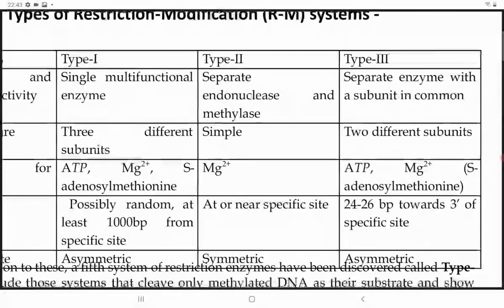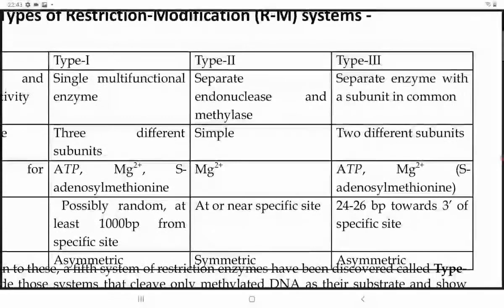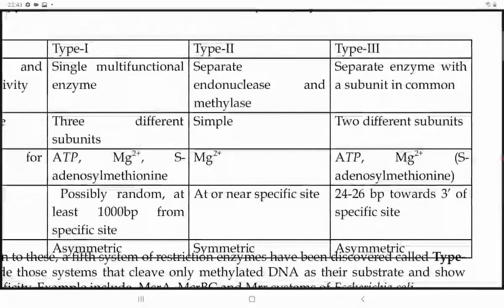In case of type 1, it introduces cuts 1000 base pairs away from the actual site, whereas type 3 introduces cuts on the 3' side about 24 to 26 base pairs away from the actual site.